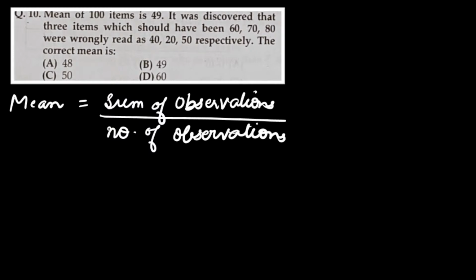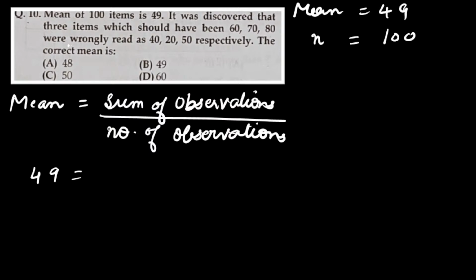Now what is the value of mean given to us? First of all, I'll explain the question: mean of 100 items is given as 49. Number of items n is 100.